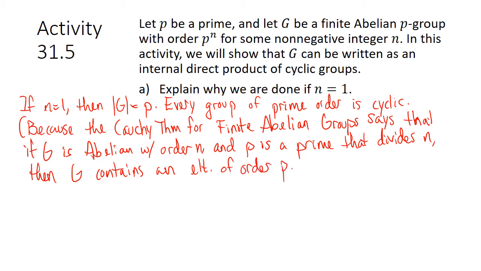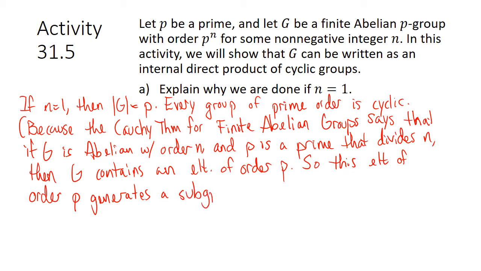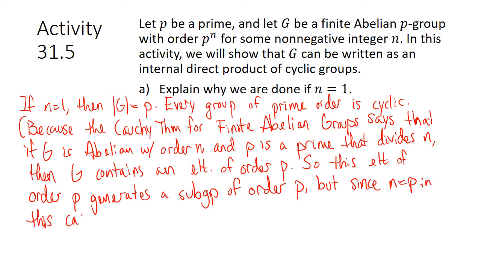Okay, so this would imply this element of order p generates a subgroup of order p, but since the order of G equals p in this case, G is generated by the element.